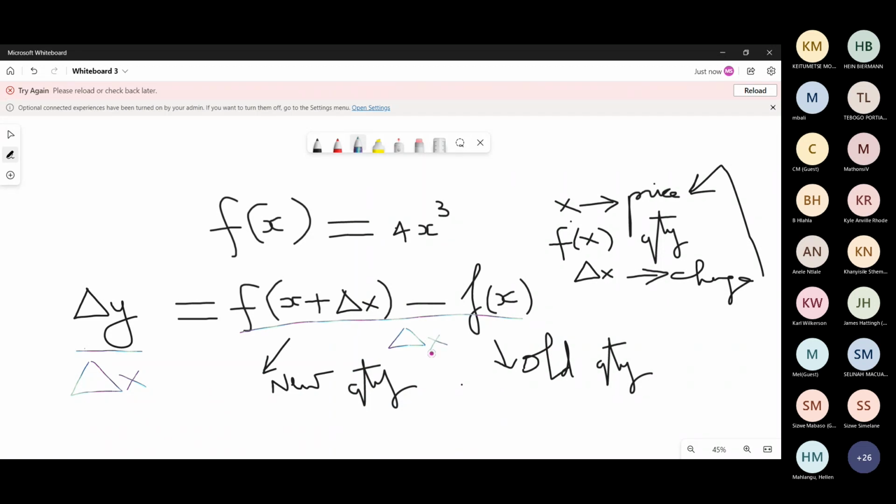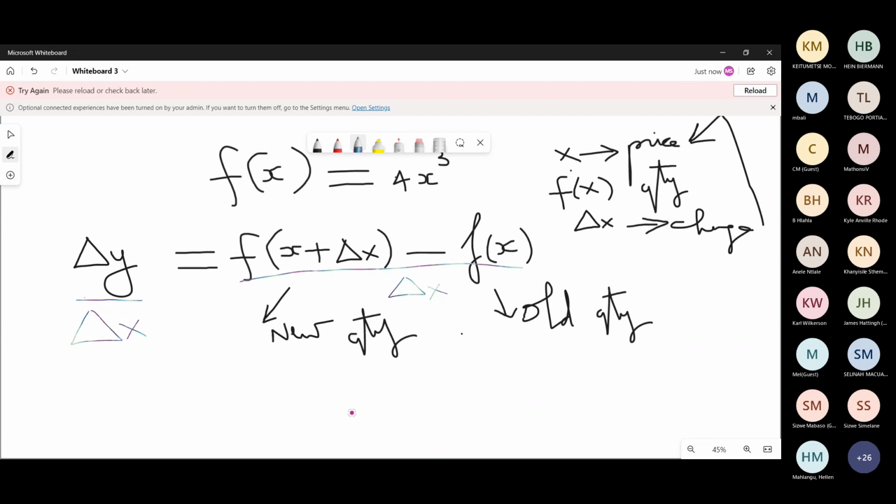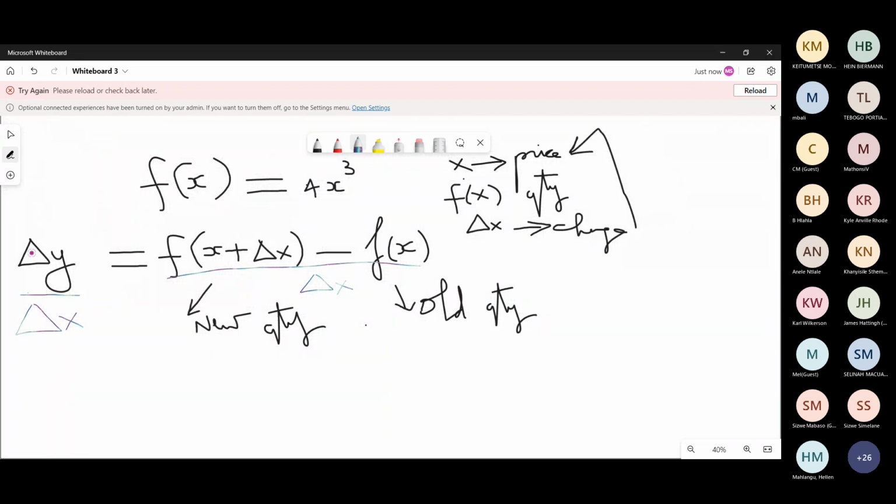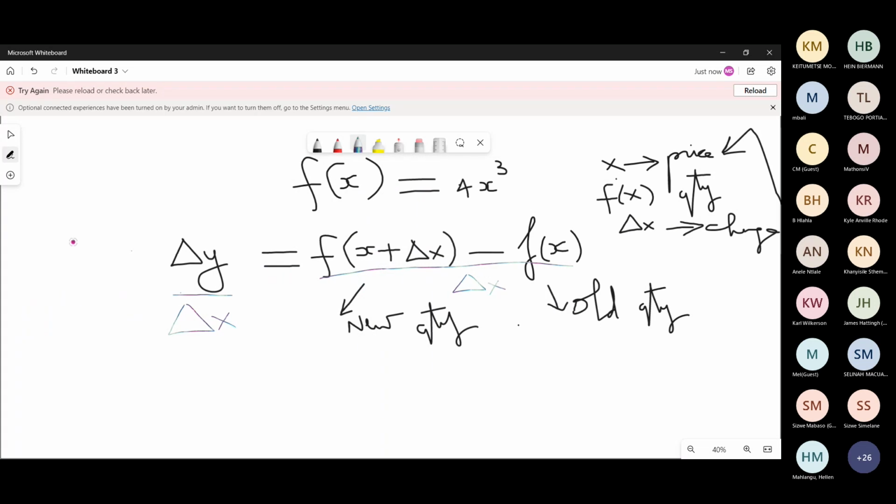This is now the ratio: change in the quantity divided by change in the price. And of course, this will be the rate of change. But now, important, when we take the limit, we take this ratio when this change is very small. Delta x is very small.